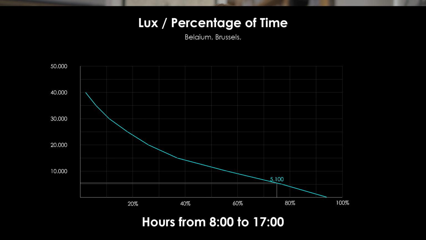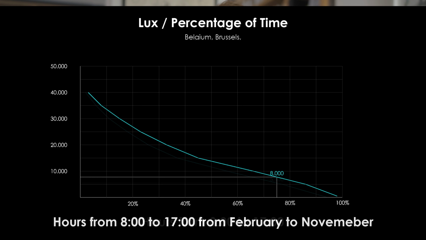We can take this even a step further and exclude the darkest months of the year, say, in this case, December and January. But that will also depend on what kind of space we're making and the benchmark we want to establish.